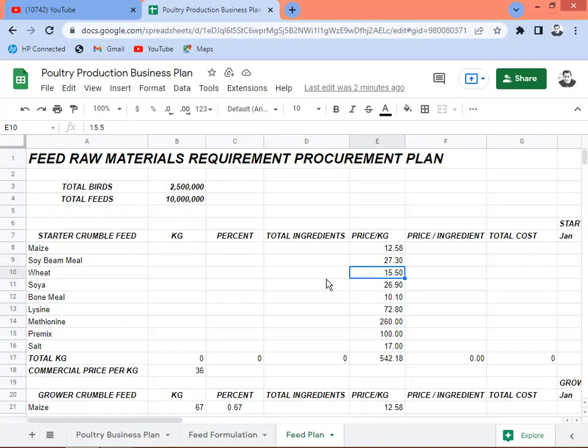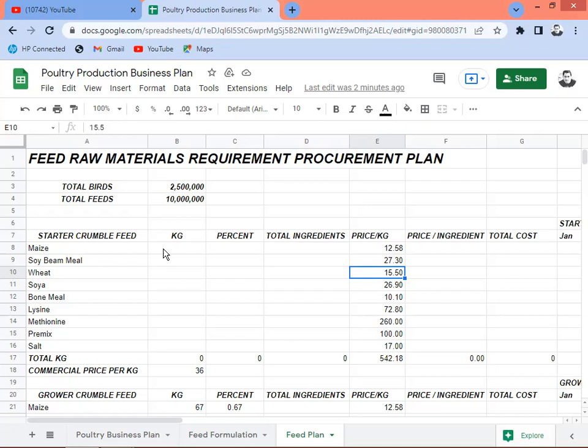So I'm just using this template and these prices in order for us to plan our feed raw materials requirement, including the procurement plan of our ingredients or raw materials. So you just utilize this template, and then you use whatever price that you get from the market for your own planning of the feed production.